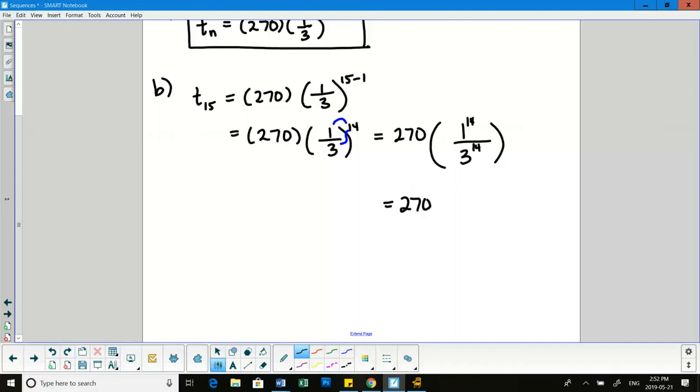What's 1 to the exponent 14? 1, yep. And then 3 to the exponent 14, I'm getting 4,782,969.